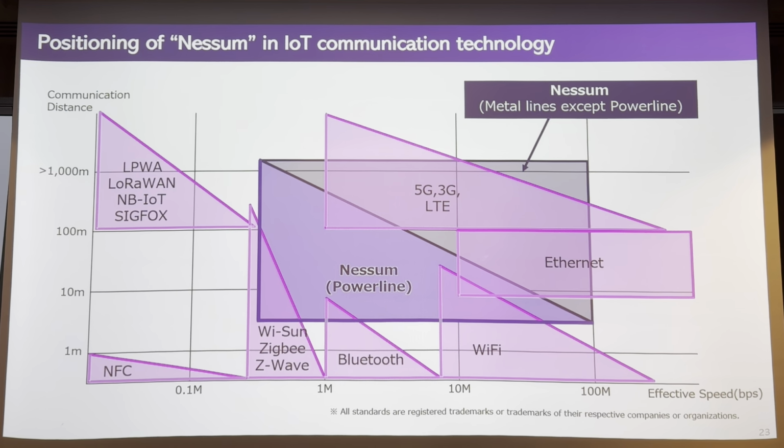As you can see, other evaluation axes, such as cost, topology, communication stability, and security, are not included. Ultimately, the choice of communication method will depend on the customer's network requirements, but in terms of communication speed and distance alone, Nessum covers areas not covered by other communication methods.